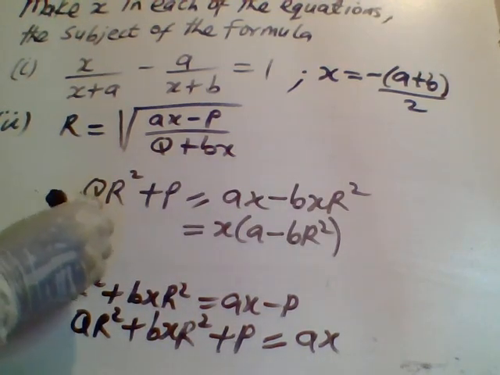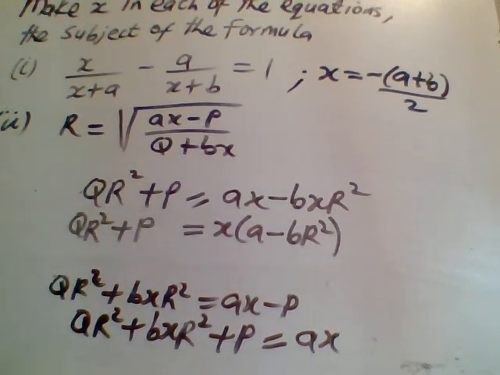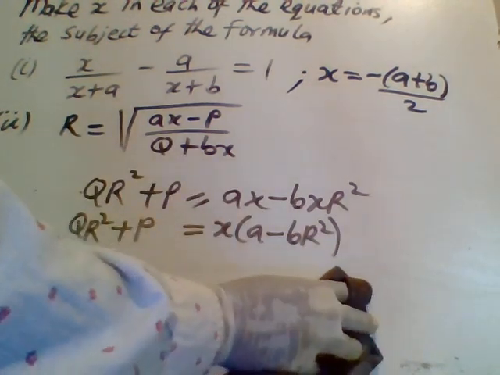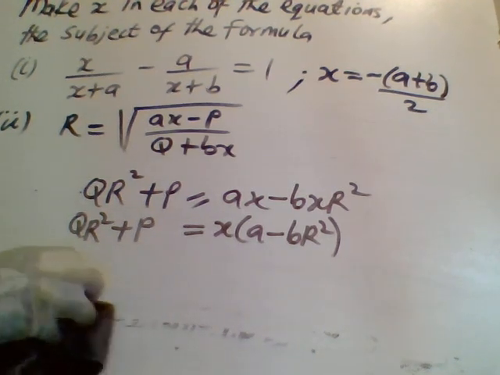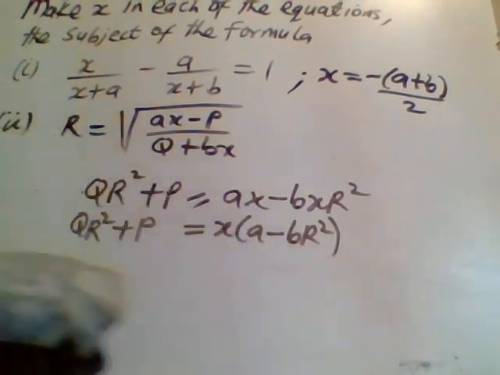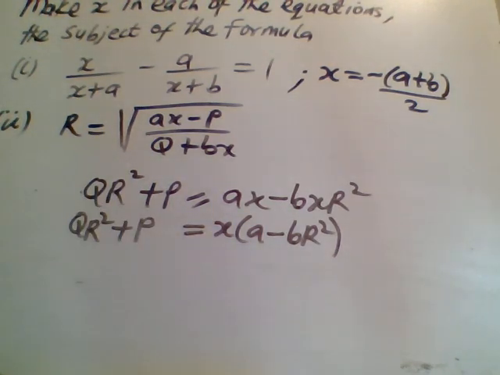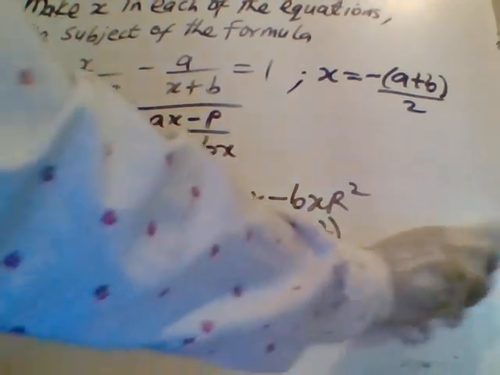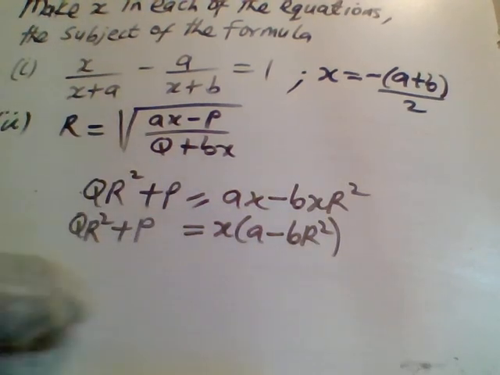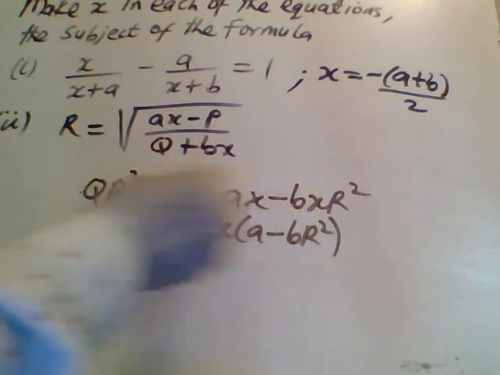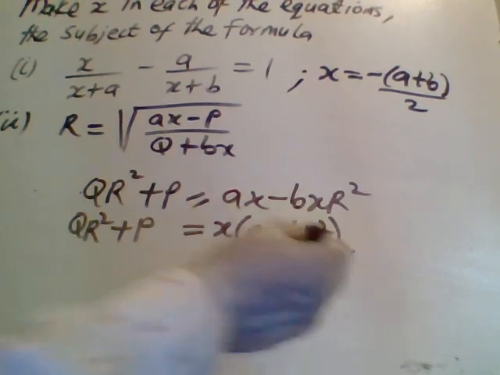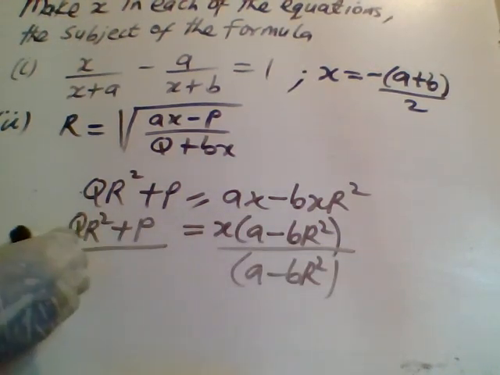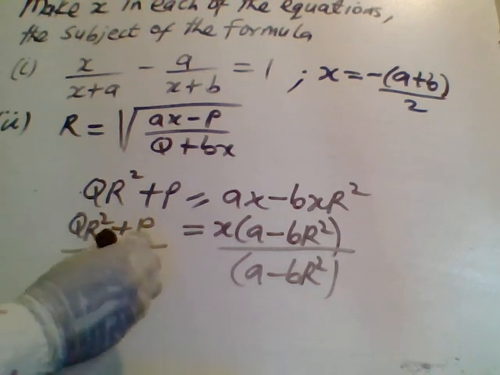So we have here q r squared plus p. So the next thing you have to do, since x is already out, is to divide both sides of the equation by a minus b r squared.